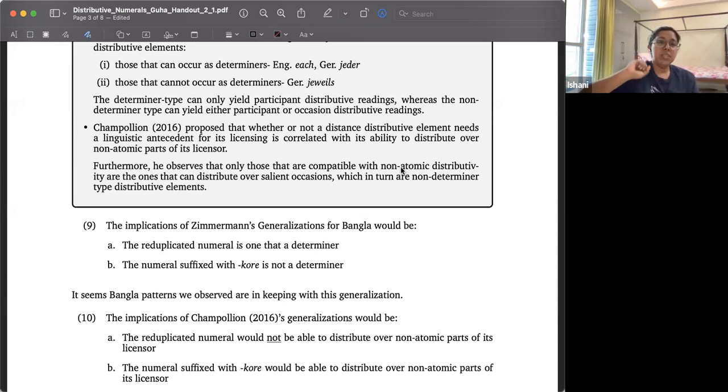Whereas the determiner types, it is largely observed so far without exception that determiner types, that is the each type or the jeder type and possibly the reduplication type for the languages that we are looking at here, are actually incompatible with salient occasion distribution and also non-atomic distributivity.